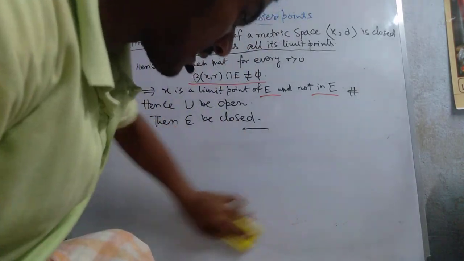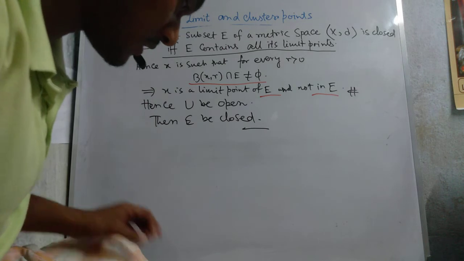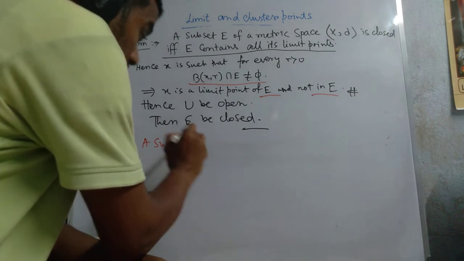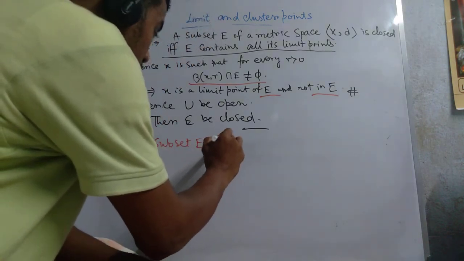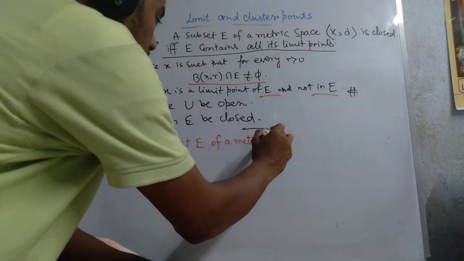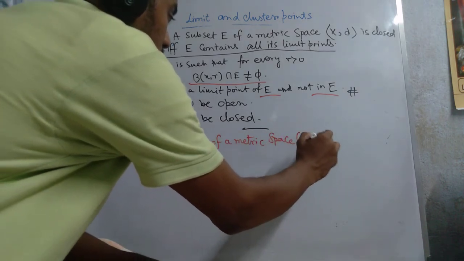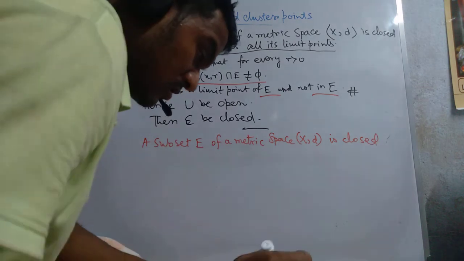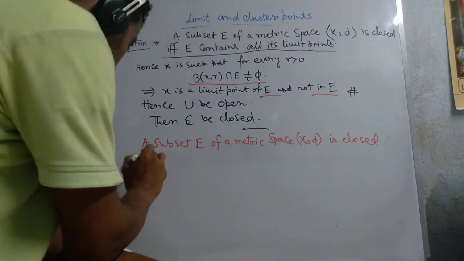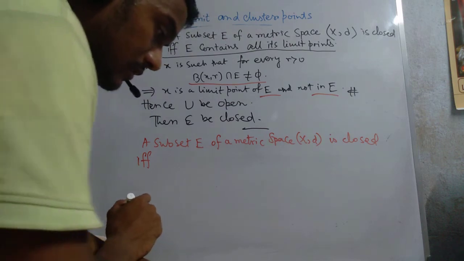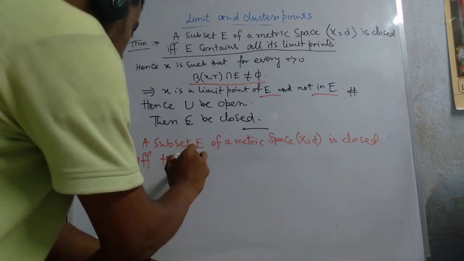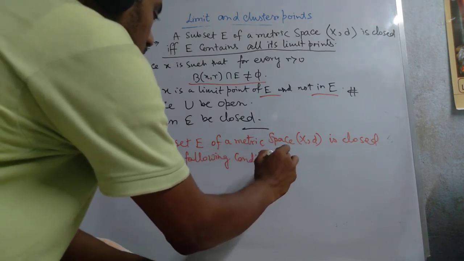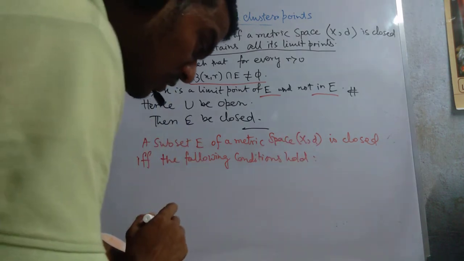The corollary is that a subset E of a metric space (X, d) is closed if and only if the following condition holds.